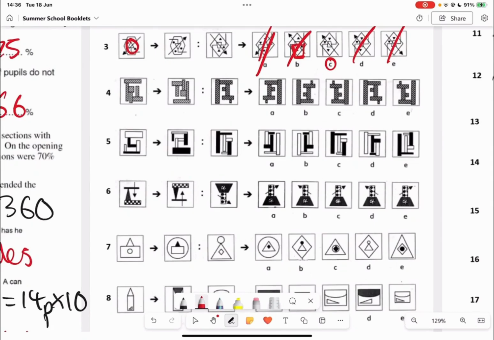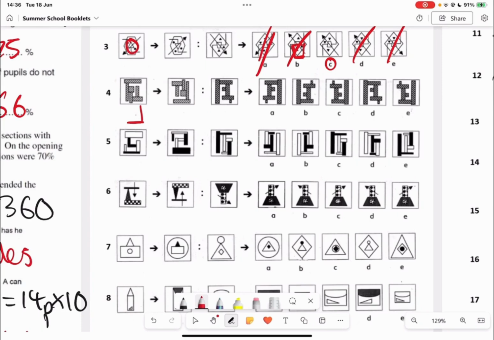Question 4, the shape has been, well, the L shape has reflected. And then we can see that the tall rectangle with the square at the top has also been reflected and it hasn't moved. But then we can also see that the shape has just reflected. Now what we should note here is the direction of the lines, as that could impact our answer too.